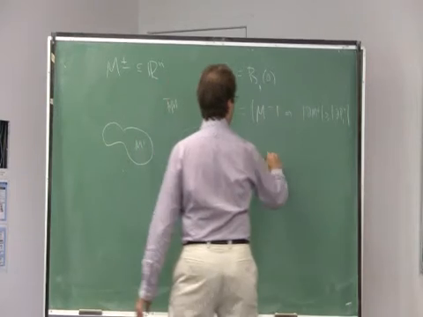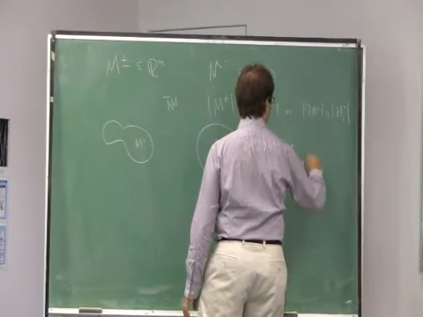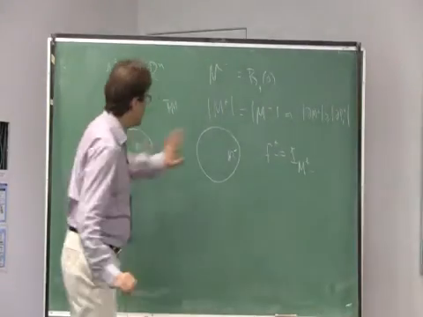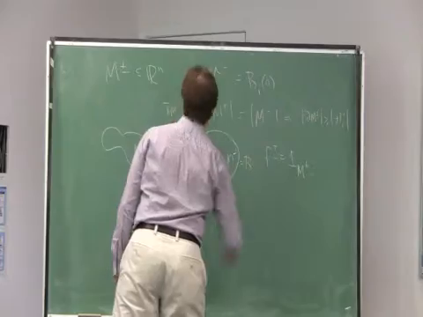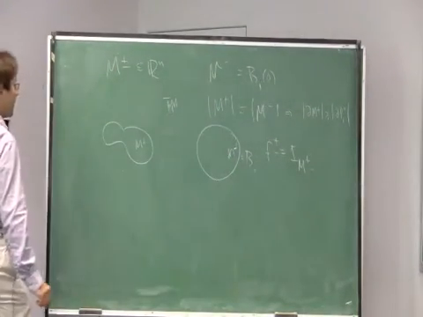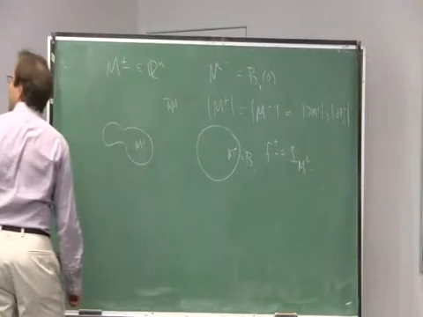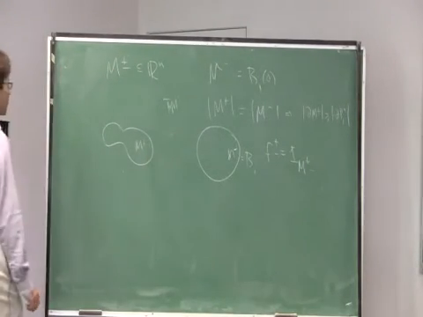Let me take F plus and F minus to be uniform densities, so characteristic functions of these two sets. I have a uniform mass here, and I'm trying to pair it up with the uniform mass there. This is the unit ball. Brenier tells me that I can find a map that does this, which is the gradient of a convex function.